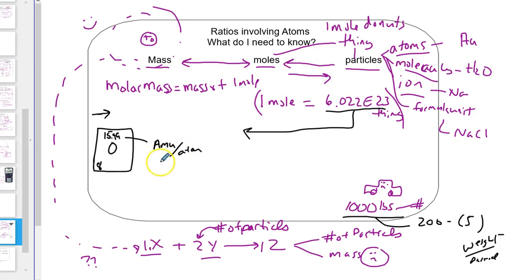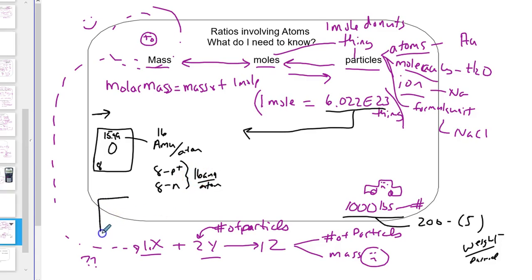Now on average that would give me 8 protons, and on average we would get 7.999 whatever neutrons. I'm going to just round that to 16. Okay, 8 neutrons. That's fine. So most oxygen atoms are 16 AMUs per atom. That tells you how much it weighs.